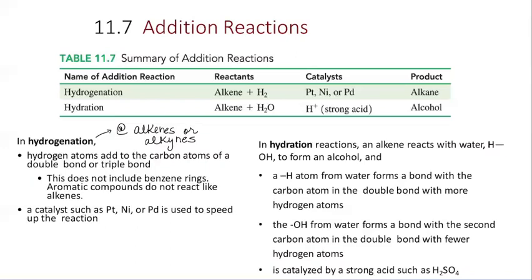Now, let's move on to the next addition reaction, which is hydration. When we are hydrating a particular functional group, in this course, the only thing that we are hydrating is going to be alkenes.